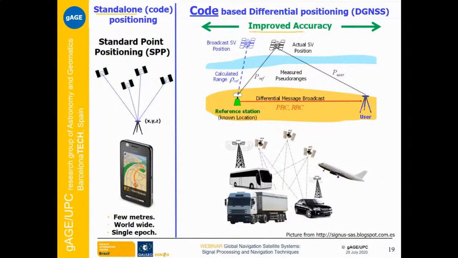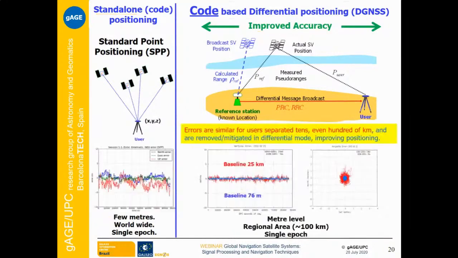And what we have done is improve the accuracy by broadcasting the pseudo-range correction and the range rate correction. And how do we broadcast? Well, we can use many communication channels. We can use internet, we can use telecommunication links, and the way we receive the broadcast message can have different channels.